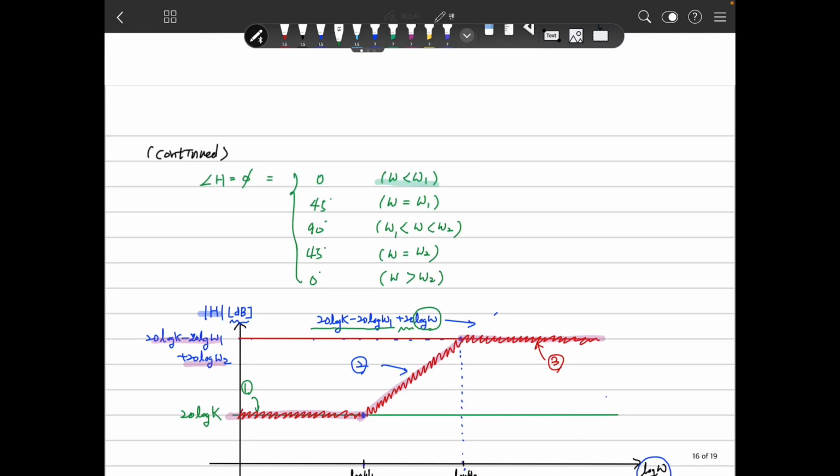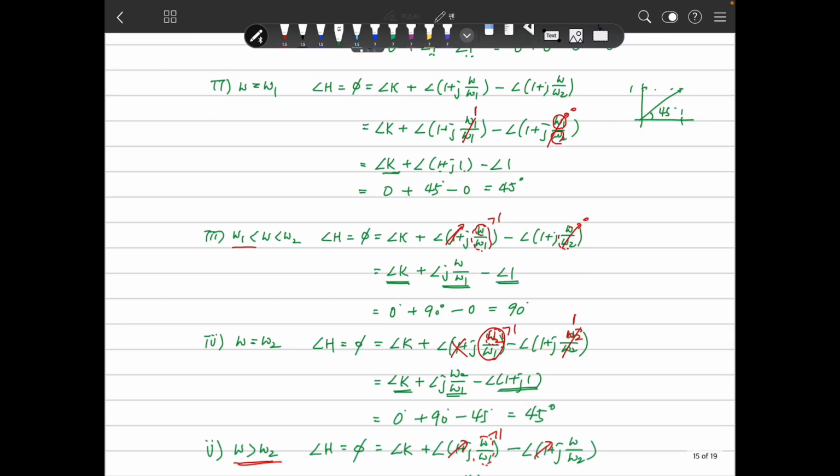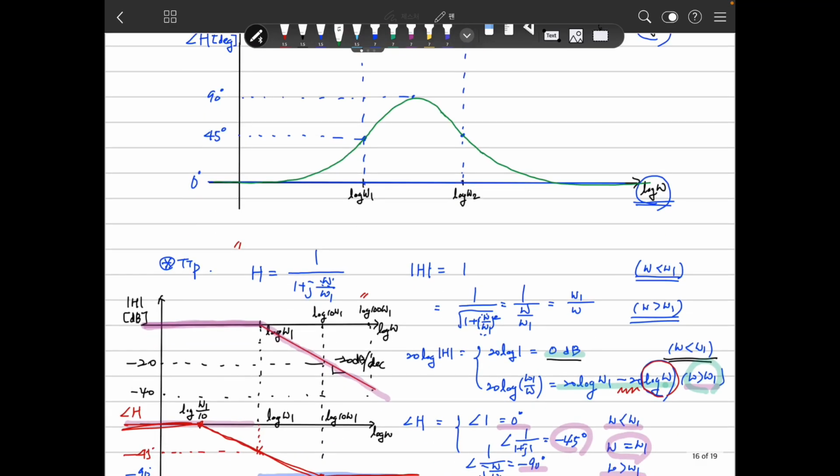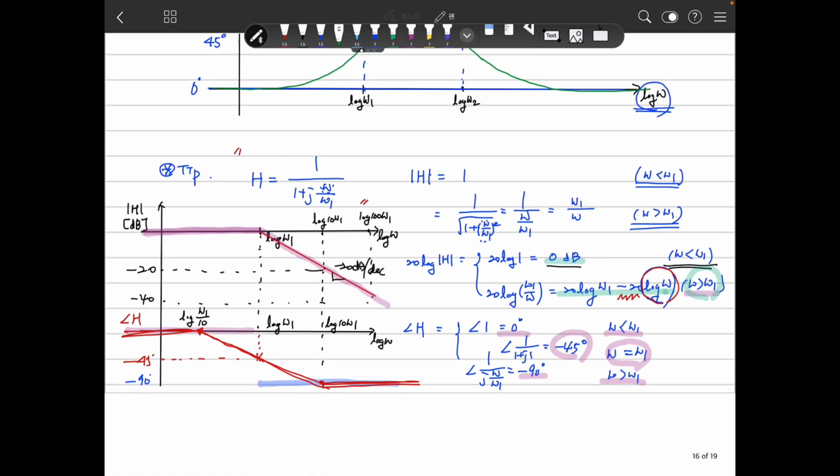Then another example. Here we meet omega 1. Before omega 1, the slope is 0.